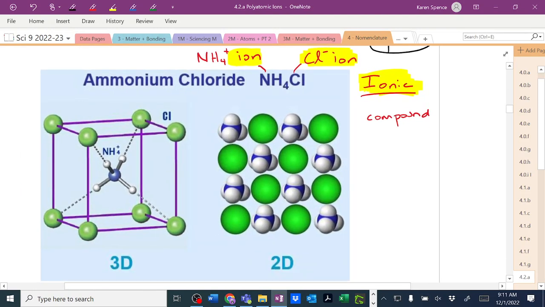So what sorts of structures do ionic compounds form? They form a crystal lattice.